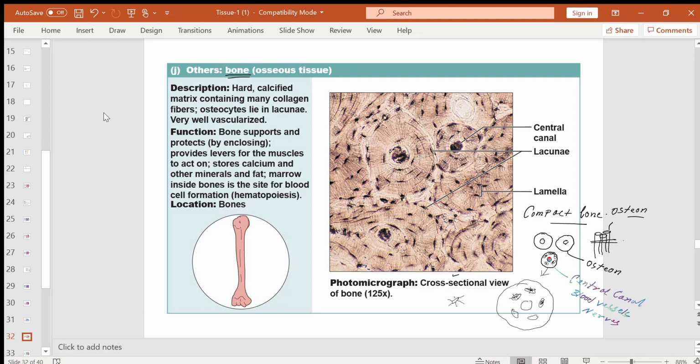Okay, and the central canal is connected to the lacunae by thin channels, very thin channels.